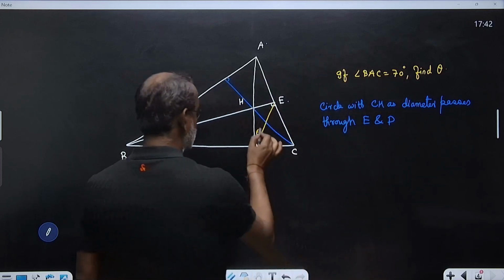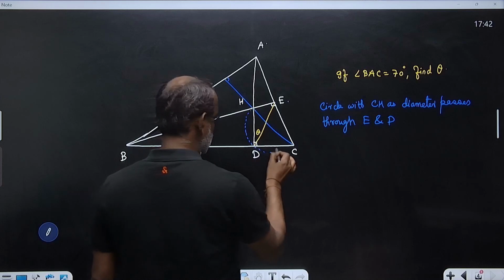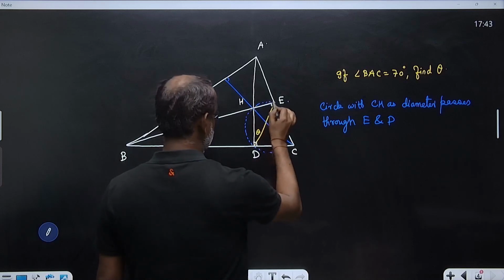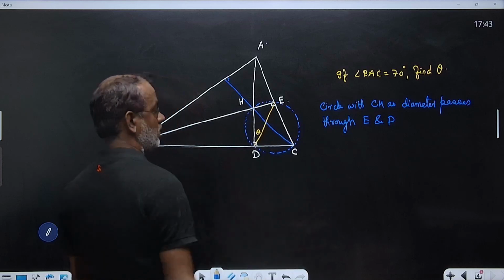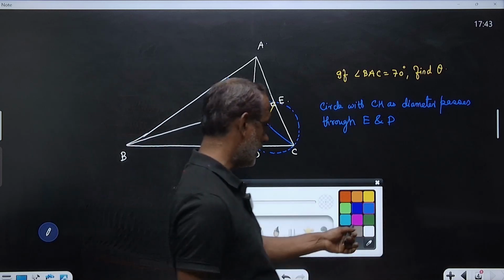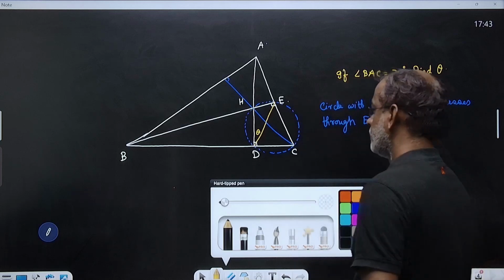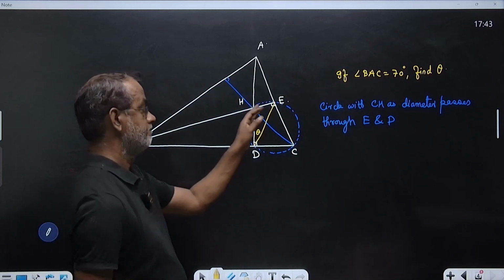This is the utility of angle in semicircle is right angle. Circle with CH as diameter will pass through E and H.